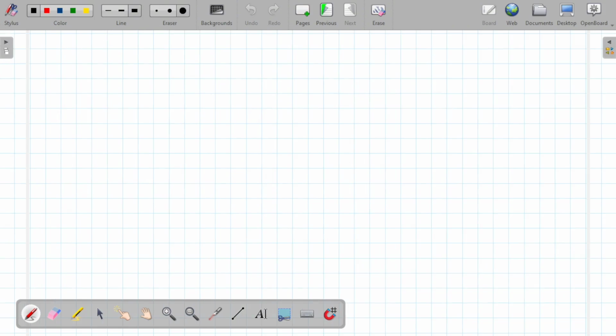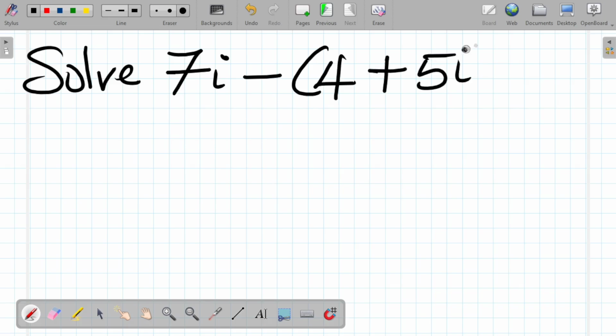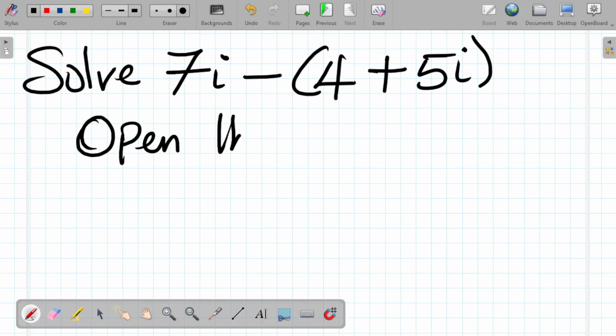Alright, so let's take the third example on subtraction of complex numbers. It says solve 7i minus (4 plus 5i). So our first task here is to open up the bracket.